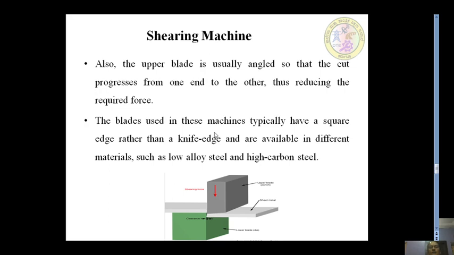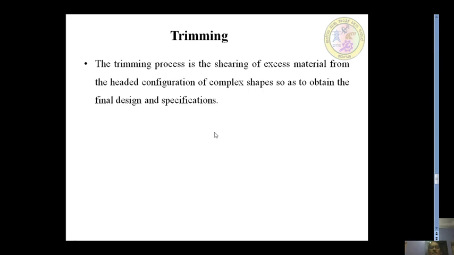So again you can see that the upper blade is angled so that the cut progresses from one end to the other, reducing the required force. The blades used in these machines typically have a square edge rather than a knife edge and are available in different materials such as low alloy steel and high carbon steel.